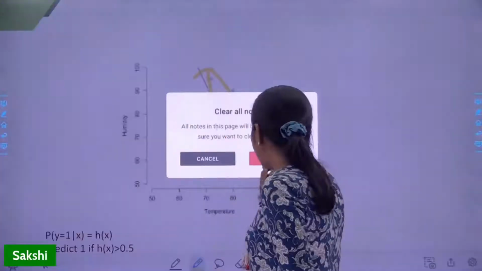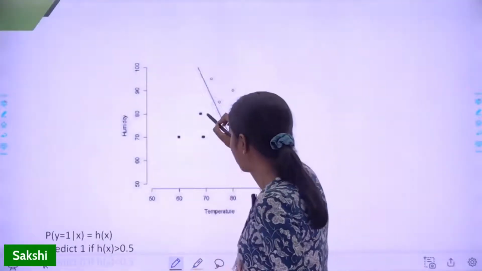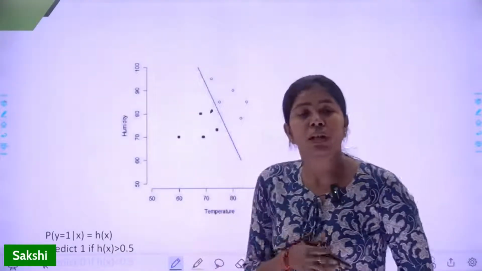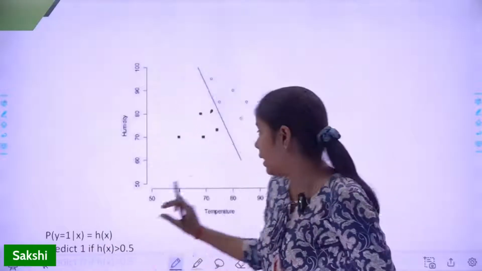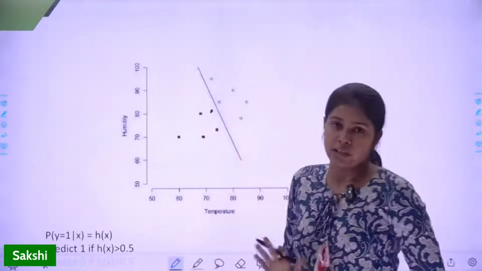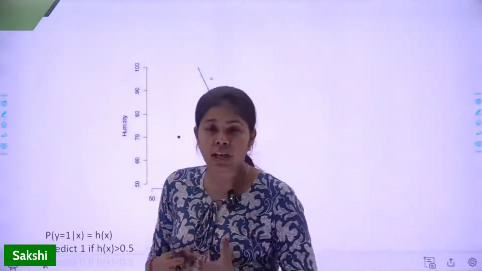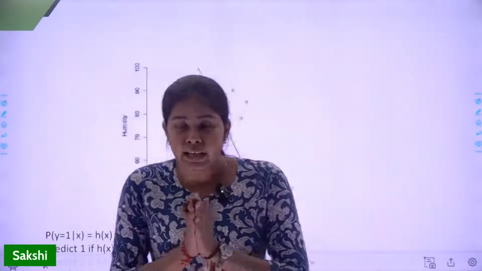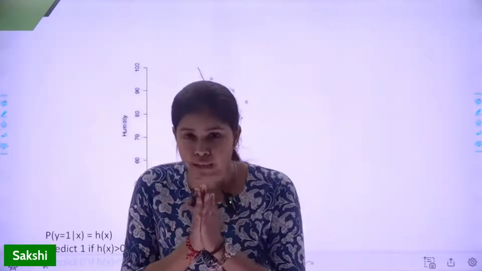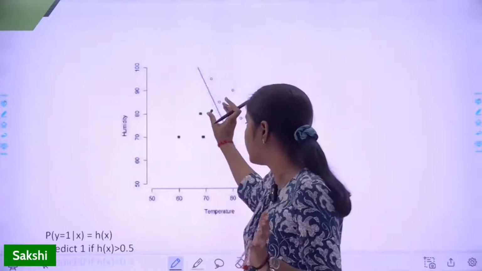But if some point is closer to this decision boundary, then I'm not confident enough to say that the person is going to play chess on this particular day, right? So here support vector machine helps us to find out this error area, right?